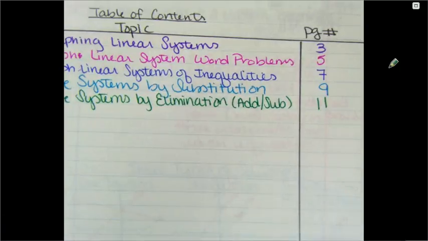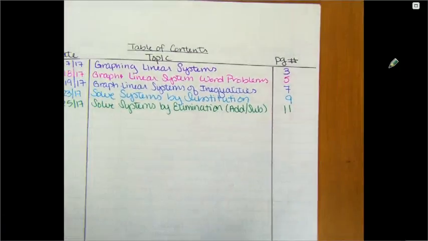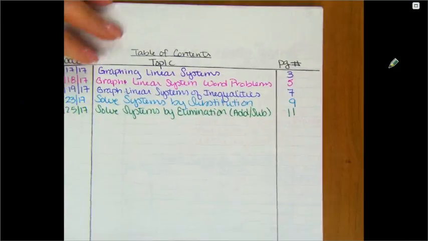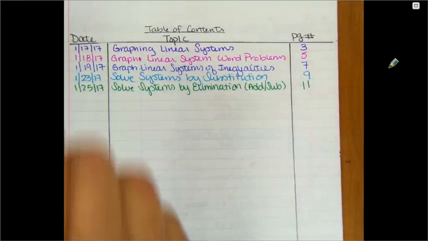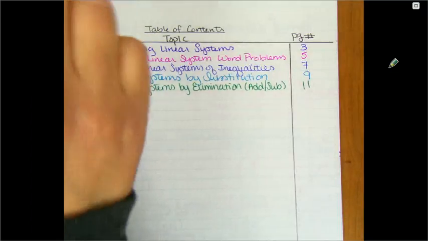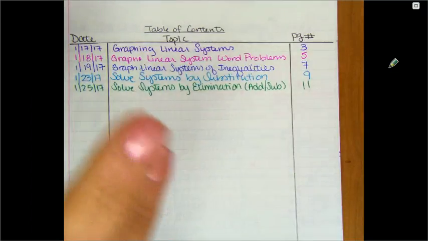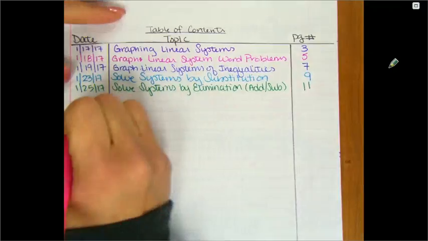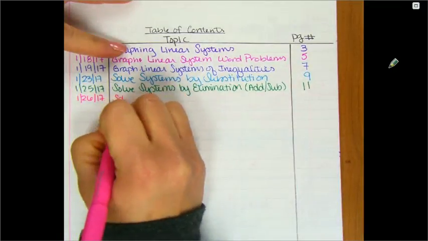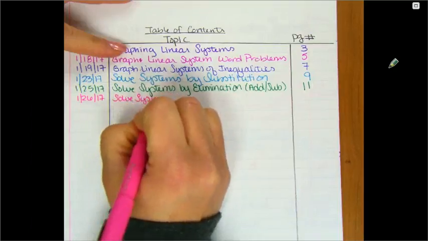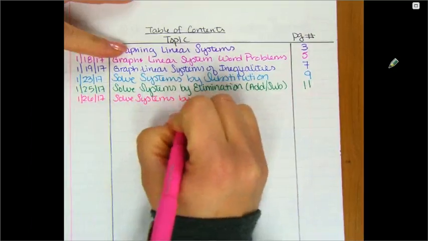Today we're going to do systems by elimination again, but instead of adding and subtracting, we're going to multiply. Still solving by elimination.